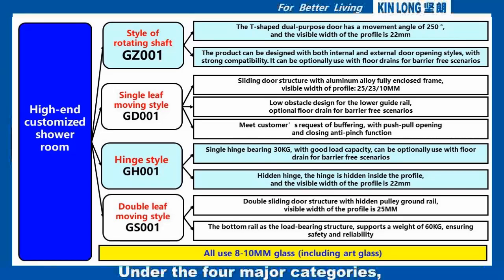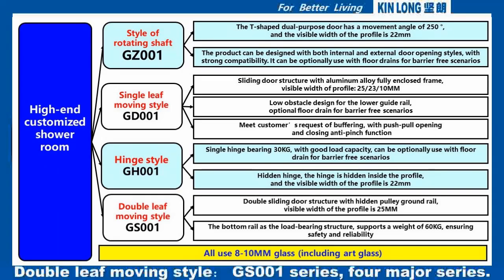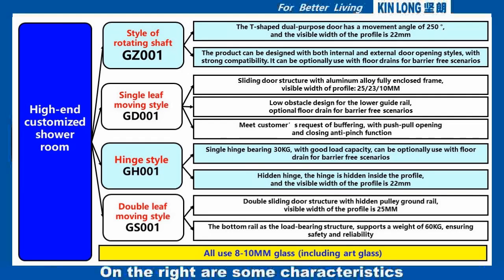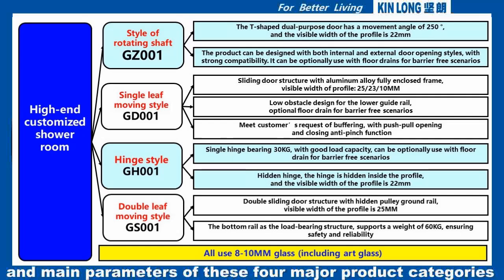Under the 4 major categories, it can be further classified into style of rotating shaft, GZ001 series; single leaf moving style, GD001 series; hinge style, GH001 series; double leaf moving style, GS001 series. 4 major series. On the right are some characteristics and main parameters of these 4 major product categories.